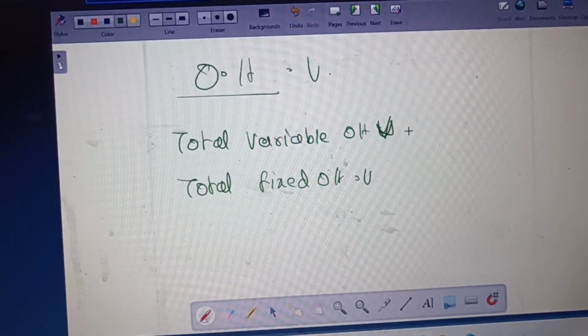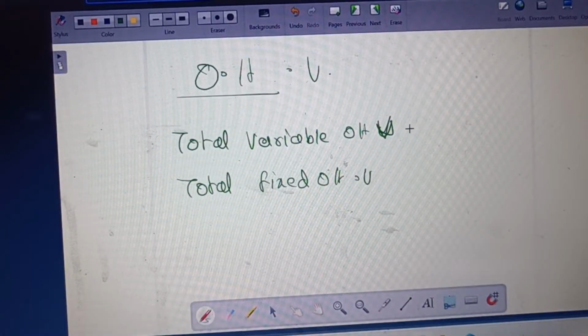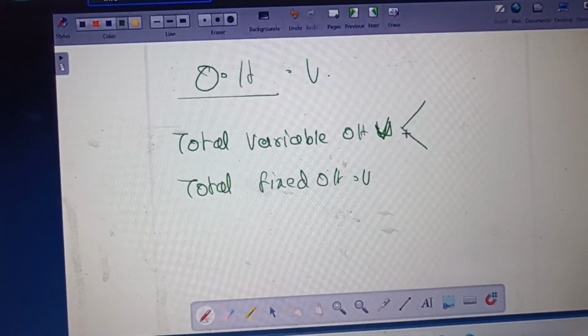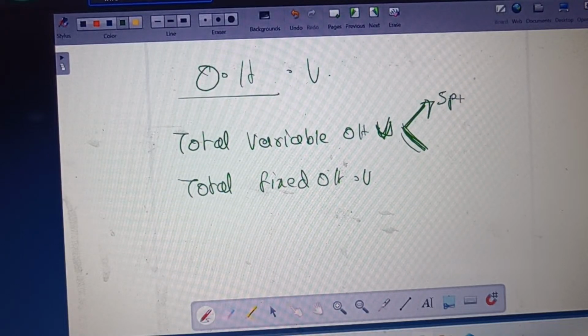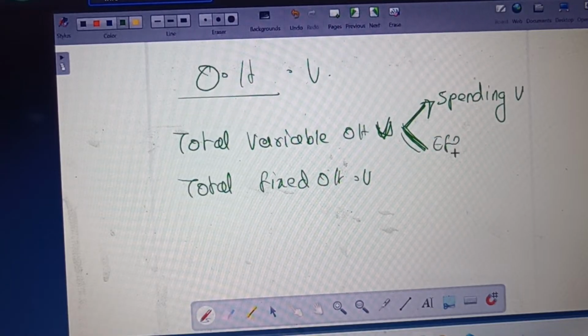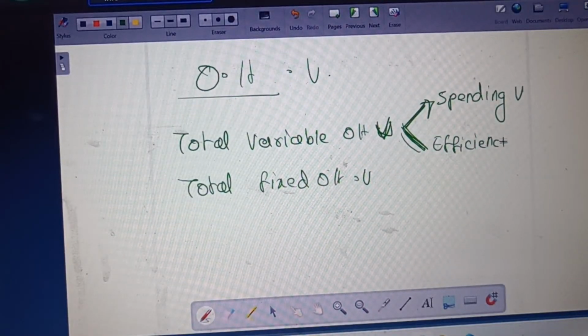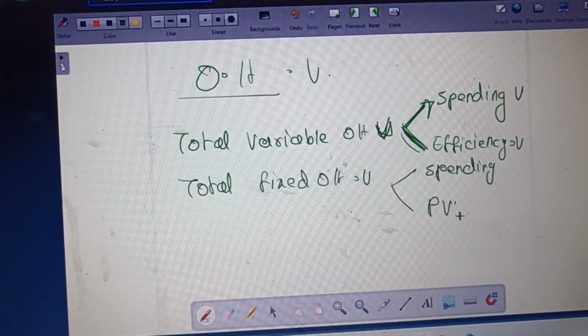Total variable overhead variance has two parts: spending variance and efficiency variance. Each of them is a different calculation, right? Then for fixed overhead, we have spending variance and production volume variance.